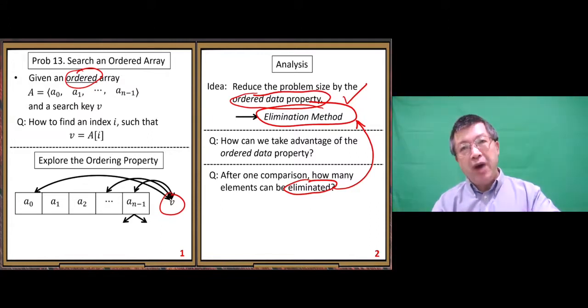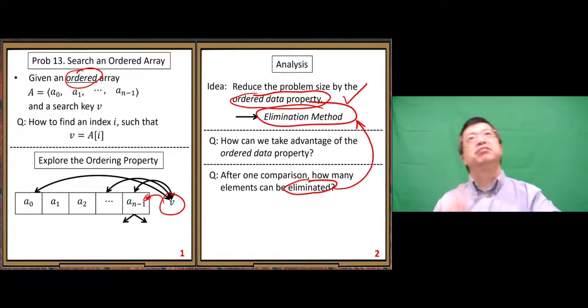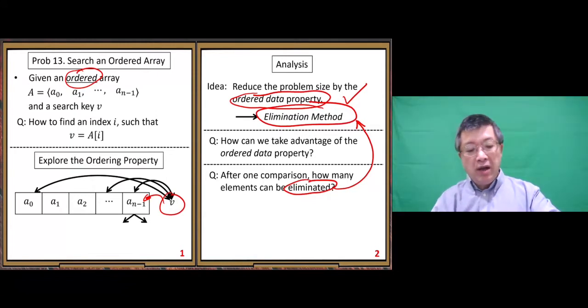The first experiment, we compare V with the last element. One experiment. We need some experience. When we do this comparison, you can see there are two cases.